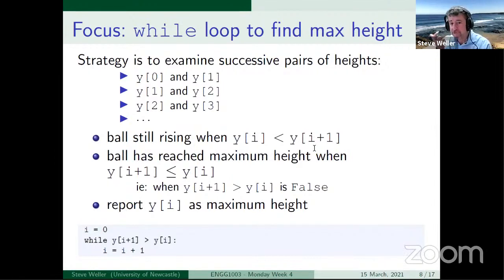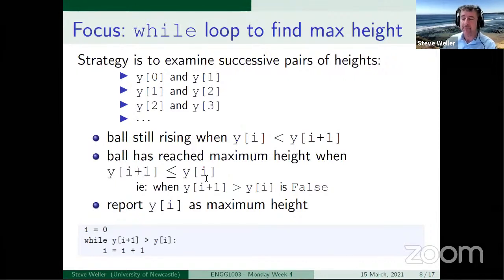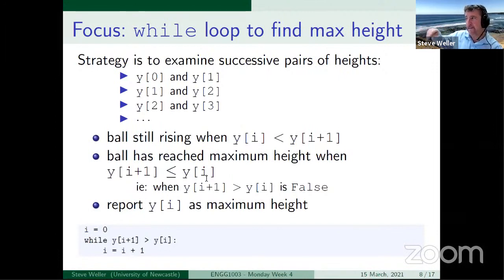So in other words, the ball's reached its maximum height when y(i+1) is less than or equal to yi, namely that the ball height at time instant i+1 is possibly less than, maybe equal to, the height at yi. It's possible that we would have two successive time instants where the ball's exactly the same height.